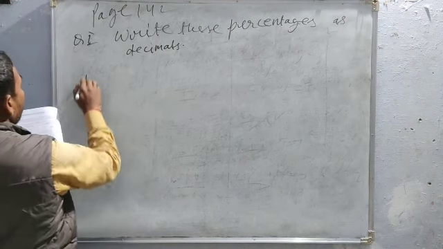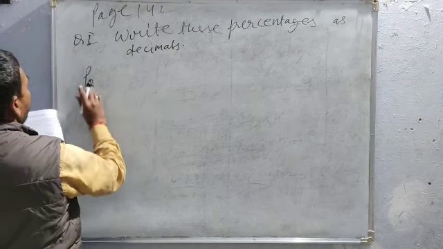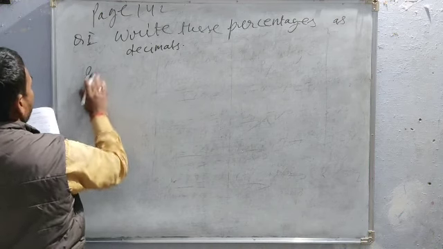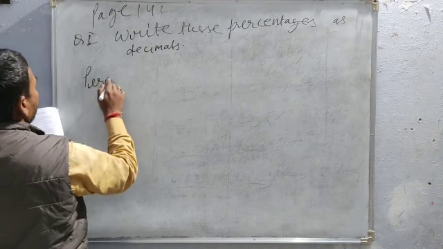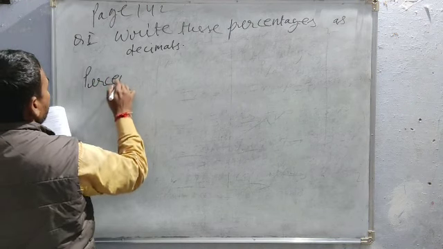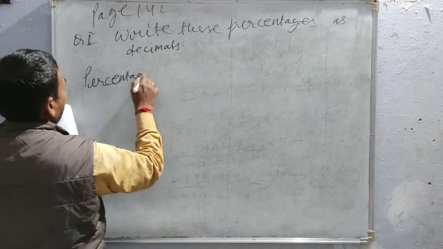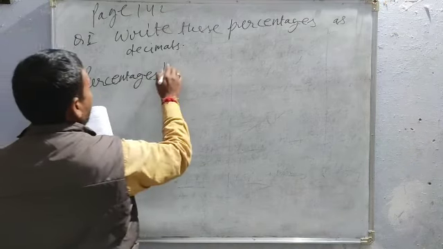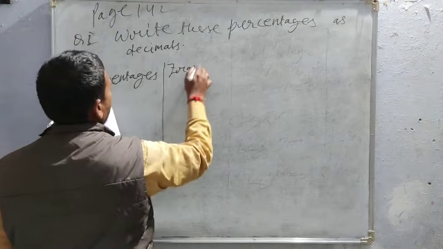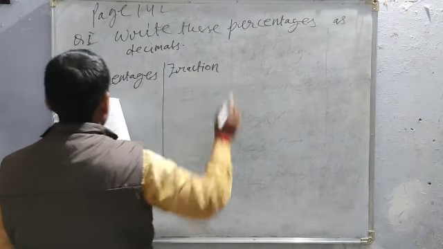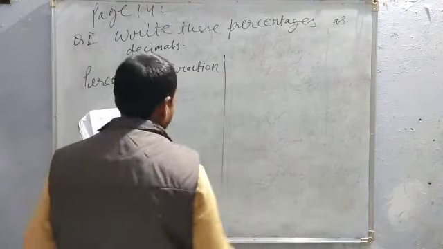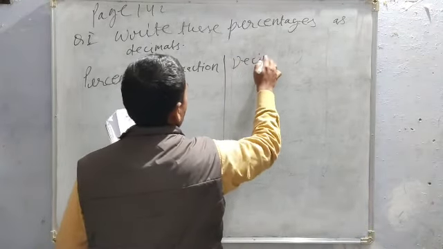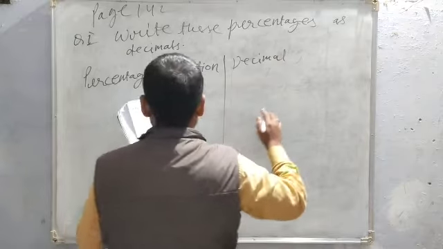In the first column, percentages are written. The second column should be fraction, right? And the third column, decimal.